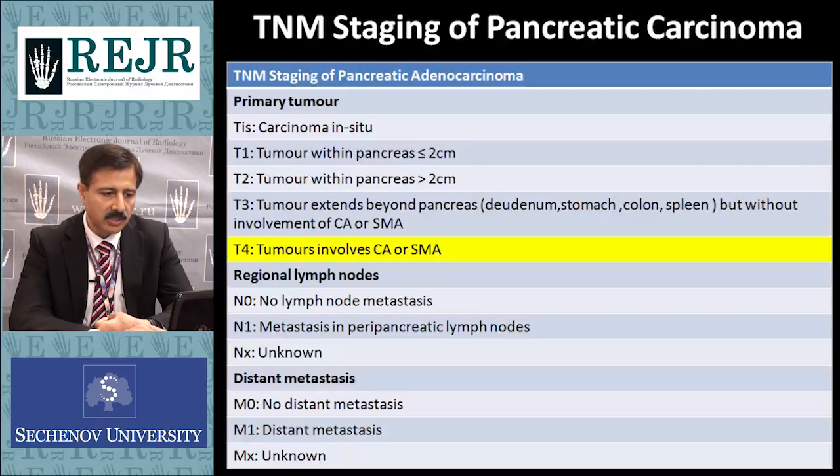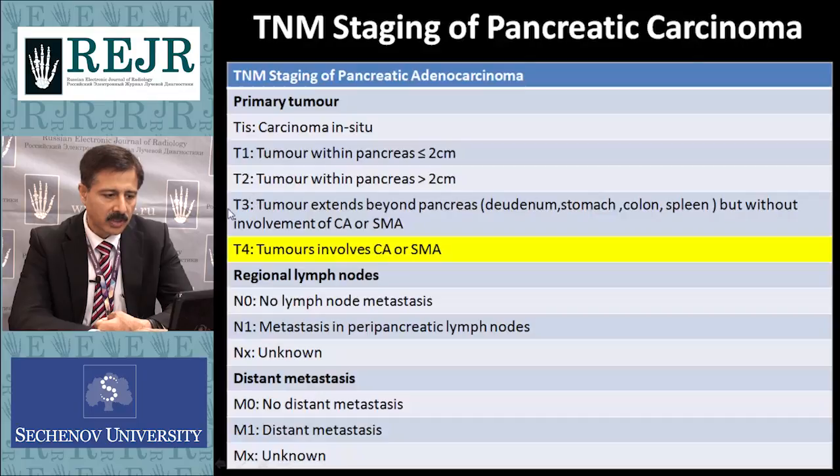This is the TNM staging, and we are interested in the T staging here according to the latest AJCC. We can see that a T1 tumor is when the tumor is seen within the pancreas and it is less than 2 centimeter in size. A T2 tumor is within the pancreas but more than 2 centimeter.